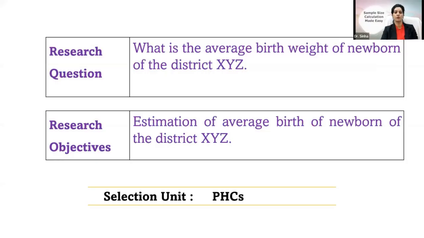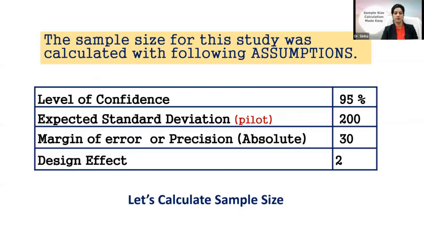So now you can do one example. What is the average birth weight of newborns in district XYZ? The selection unit is PHC. In this case, since the selection unit is PHC, you can see the assumption: expected standard deviation is 200, because it is 200 grams, the birth weight of newborns. The margin of error is 30 and the design effect is 2. The level of confidence is 95%.